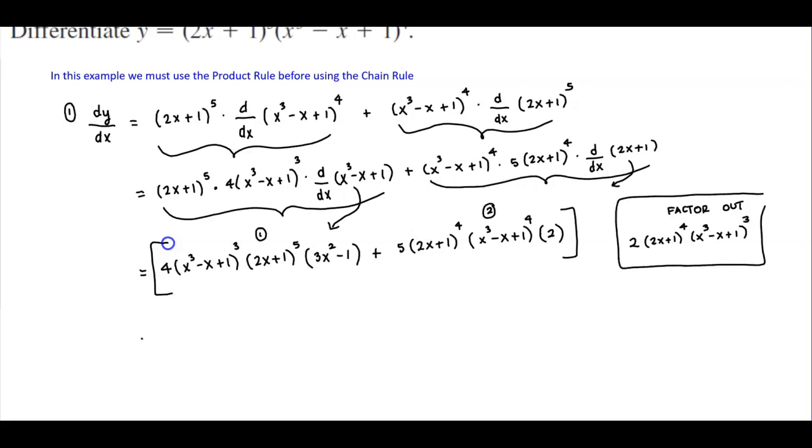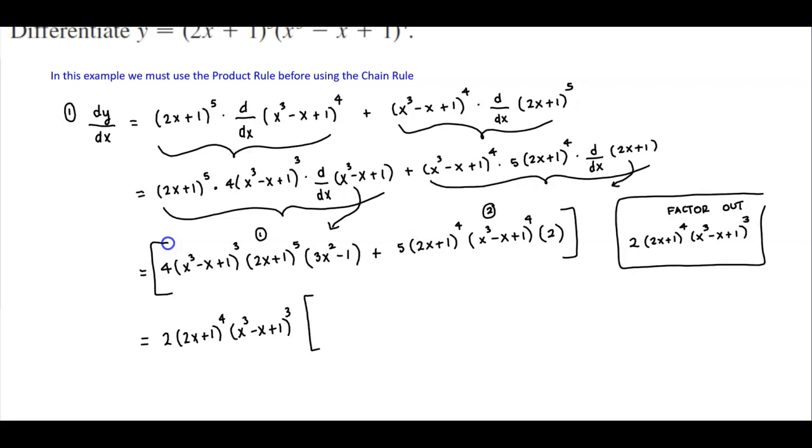If we factor this out, then this is going to be on the outside: 2 times (2x + 1) to the 4th power times (x cubed - x + 1) to the 3rd power. Now what's left over in that first term?